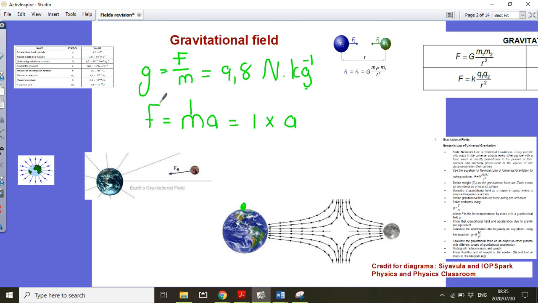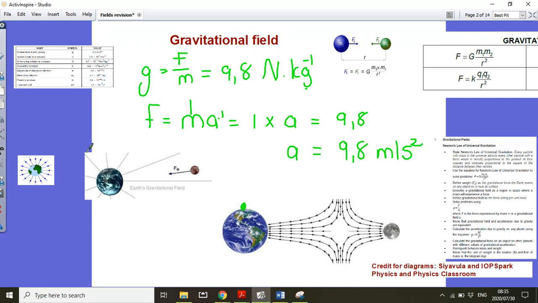And I've just said that the force per unit mass is 9.8. So this is equal to 9.8 newtons per kilogram. I'm just going to leave the unit out for now. And then you can see that the acceleration is then also going to be 9.8 meters per second squared, if we are close to the surface of the Earth.